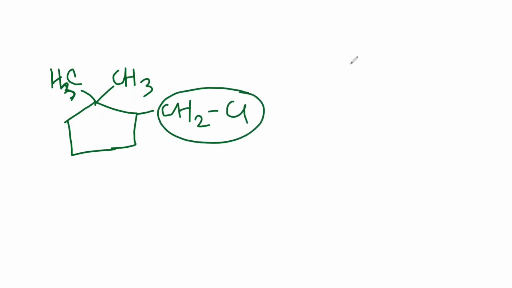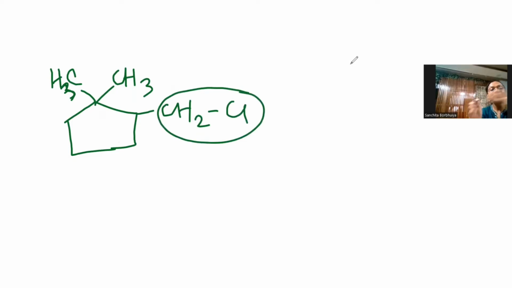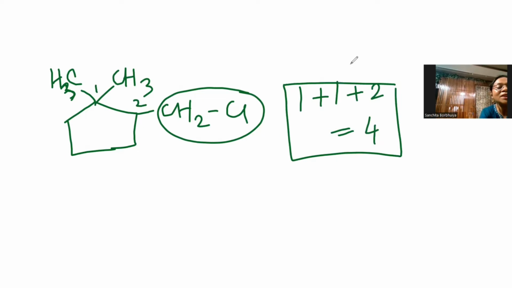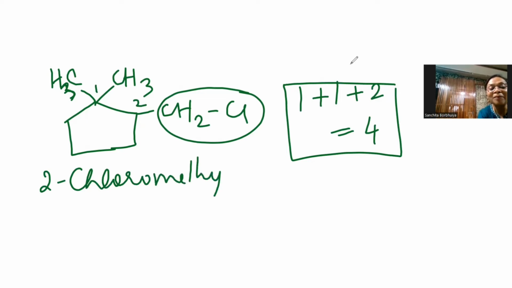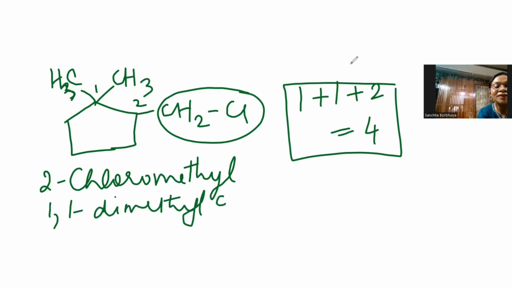What is this group? Obviously, it is a chloromethyl. So how do you number it? We are following the lowest addition rule. Yes, I hope you all have not forgotten it. So this is 2-chloromethyl, 1,1-dimethyl, cyclopentane. This is the IUPAC name.